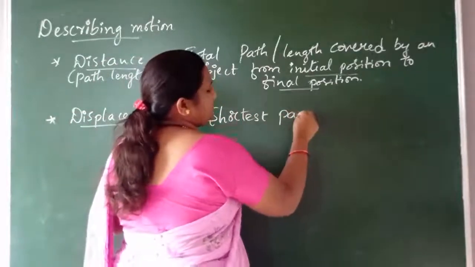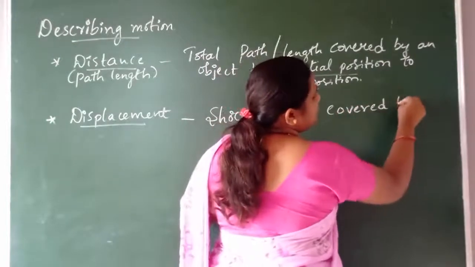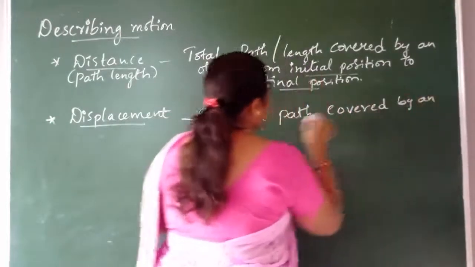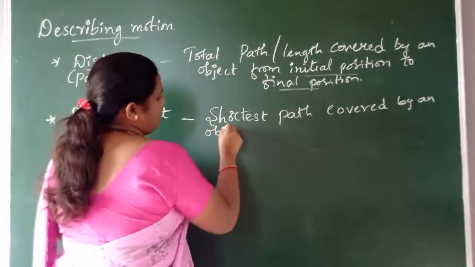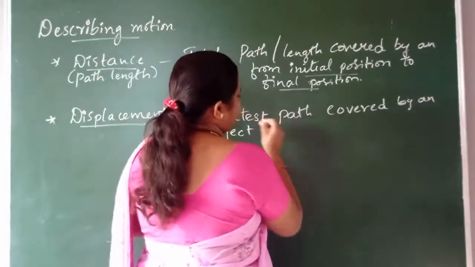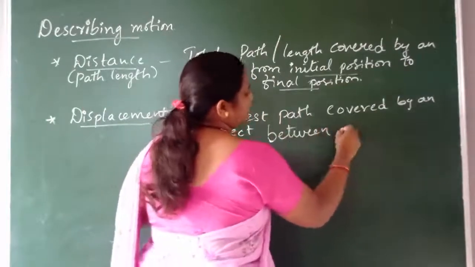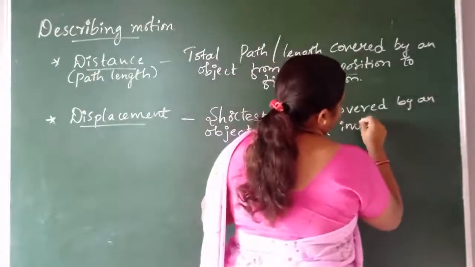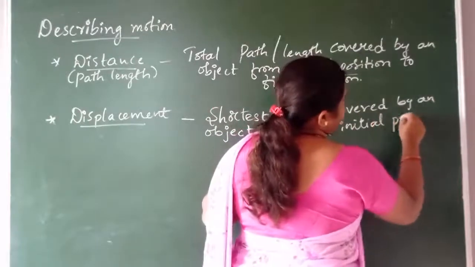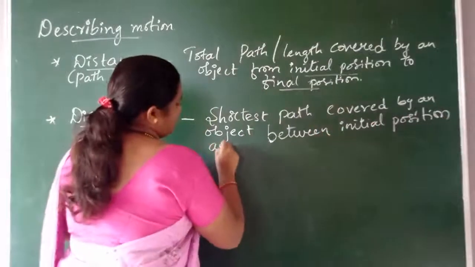Shortest path covered by an object between initial position and final position.